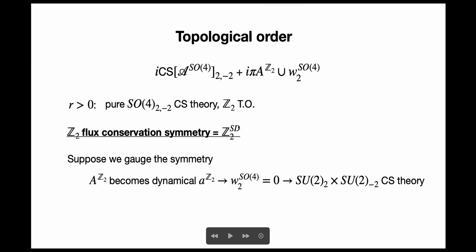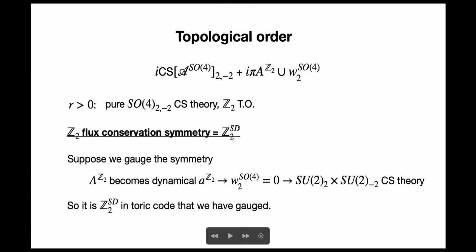Since W2 represents the obstruction to lift SO4 to this double copy of SU2, when it exactly equals 0, there's no obstruction to lift the gauge field into two copies of SU2. So actually, this Chern-Simons theory is basically SU2 level 2 times SU2 level -2. This is what we get after we gauge the symmetry.